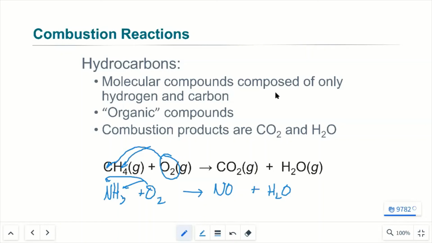Combustion is a general blanket term that is used for oxidation of substances that involve fire. So when we burn metals, those are combustion reactions as well. When we burn compounds that are molecular, that are not organic, those are combustion reactions as well. You did the empirical formula lab.